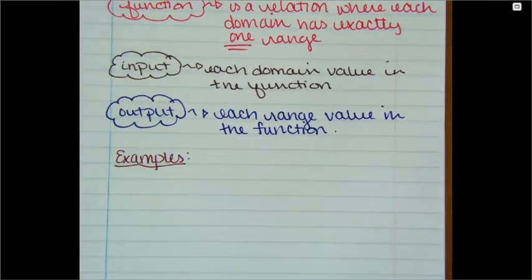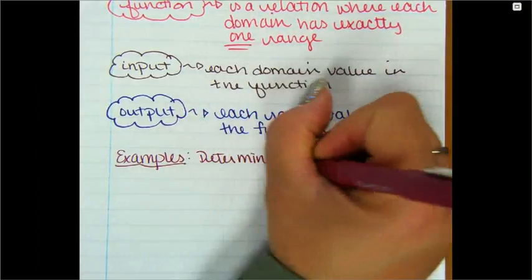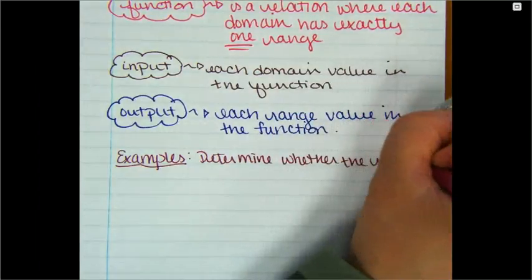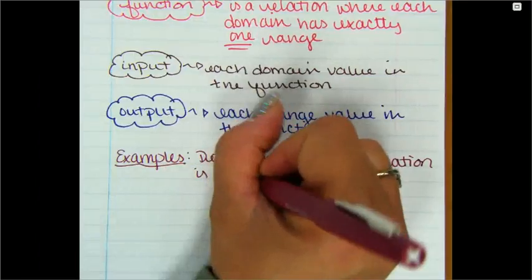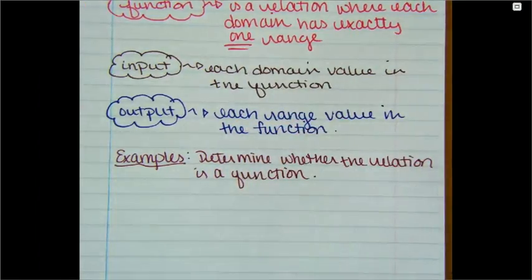So for our examples we're going to do right now, it's going to say determine whether the relation is a function.